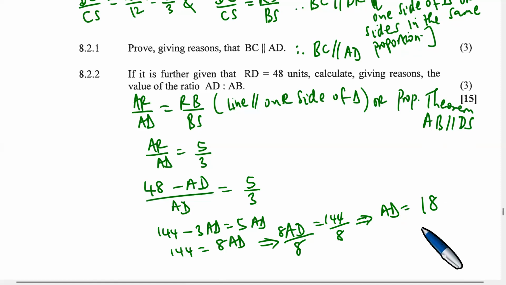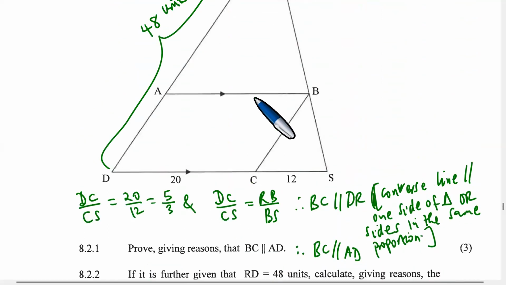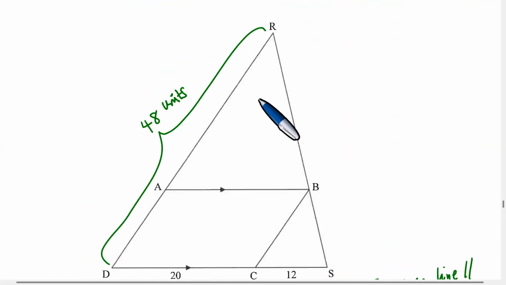So AD is equal to 18. If AD is equal to 18, what is AB?